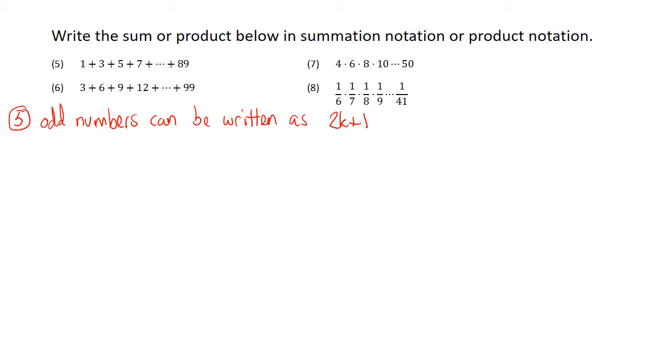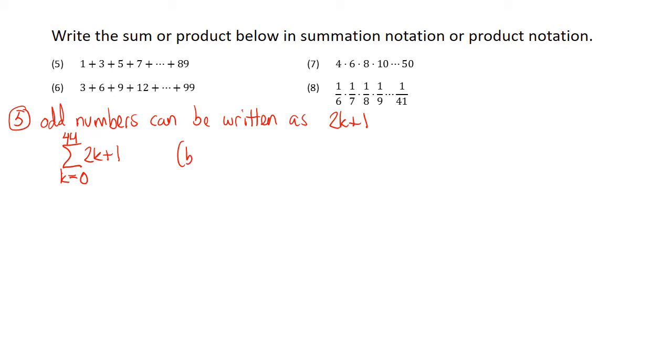So this is going to be the sum of 2k plus 1 from k equals something to something. So what does k have to be in 2k plus 1 to give you 1? It has to be 0. Okay? And then what does k have to be in 2k plus 1 to give you 89? So the 2k part would have to be 88, so that would be 44.